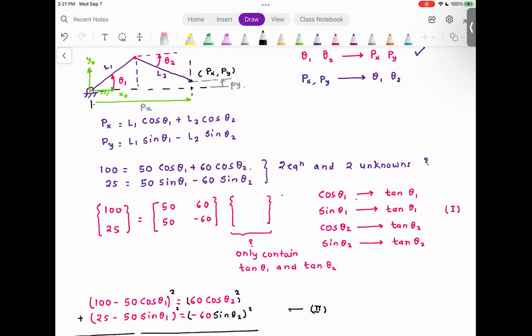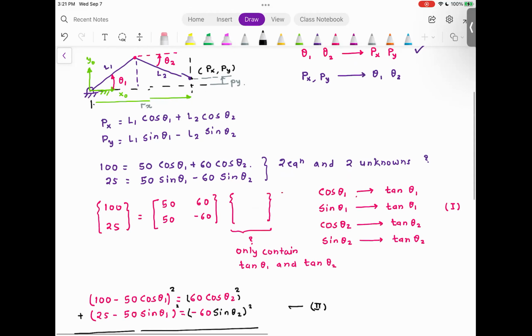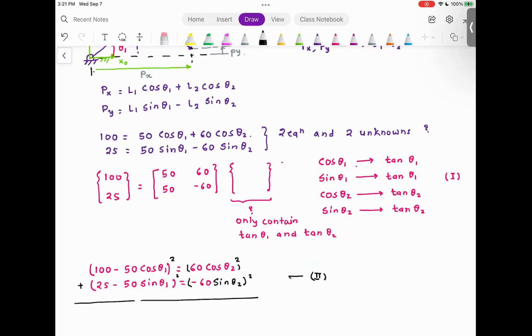So perhaps you can express a relationship between sine theta 1 and sine theta 2, and somehow make that substitution in the very first equation and try to solve. So the third approach, which is commonly used, is the geometric approach. If you look at the textbook, all these three approaches are discussed in detail.